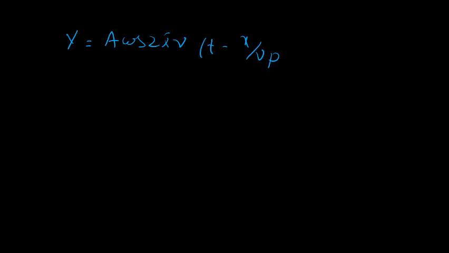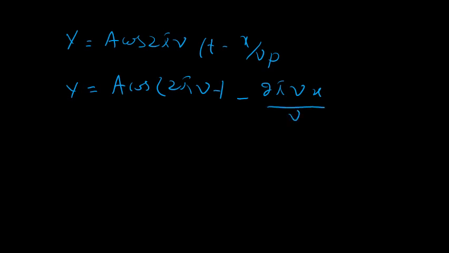We can write it as y equals a cos of 2 pi mu t minus 2 pi mu x over vp.